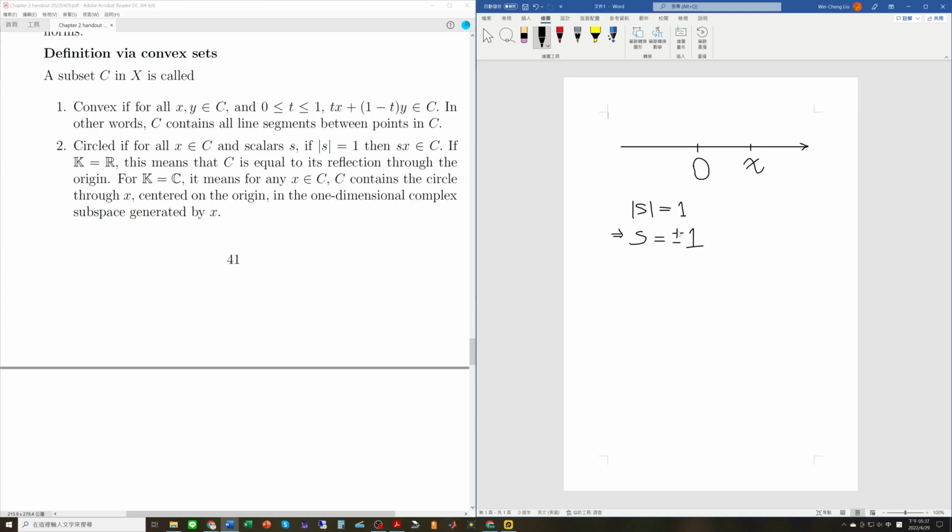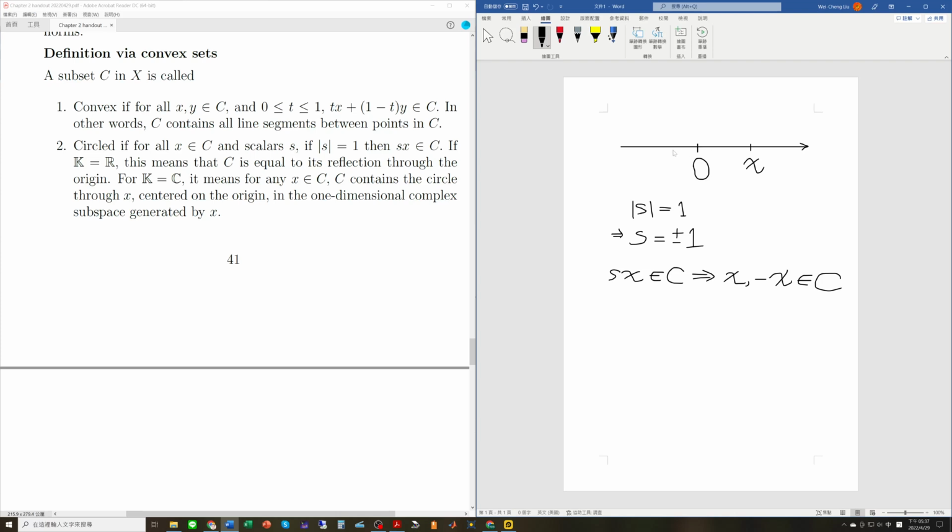It is easy. Then sx is in C. So it implies that x and minus x are in C. So this means that C is equal to its reflection through the origin.